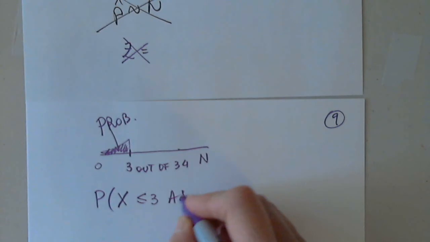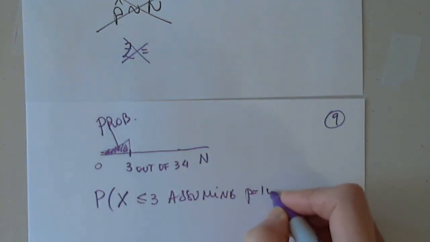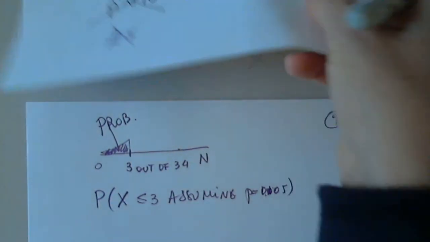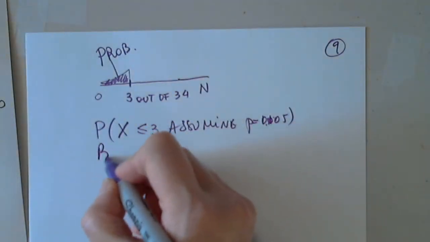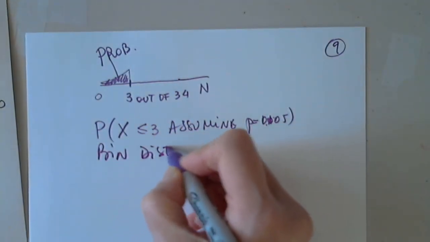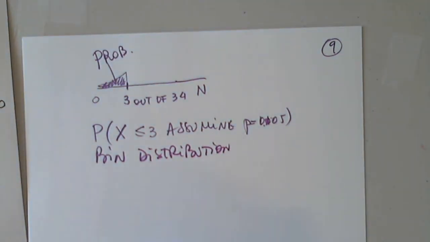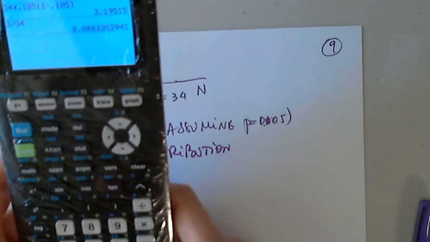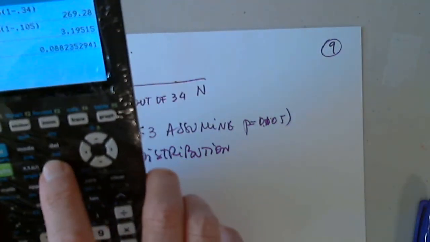Of course, assuming that p is 0.105, and we are going to use the binomial distribution, not the normal. Okay. So let's go to binomial.